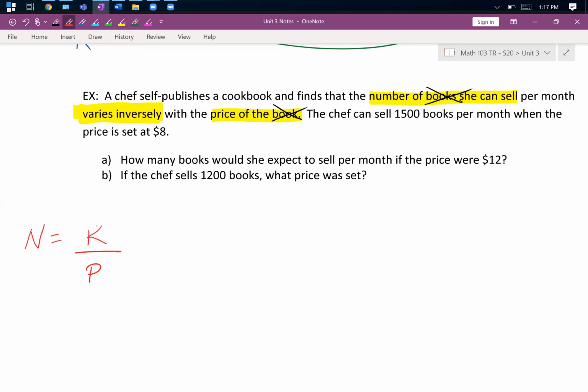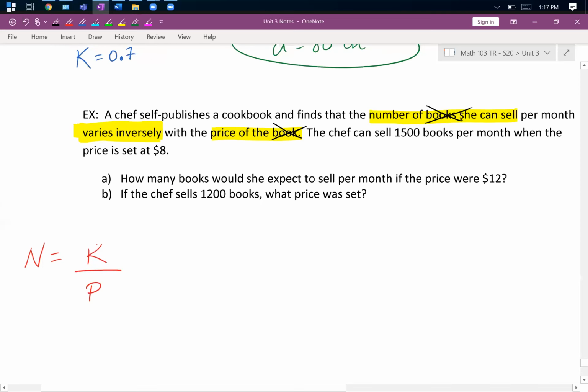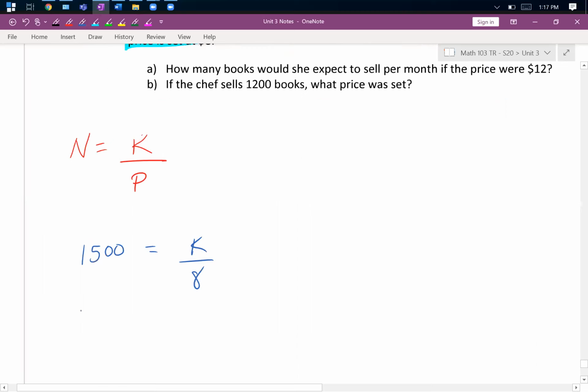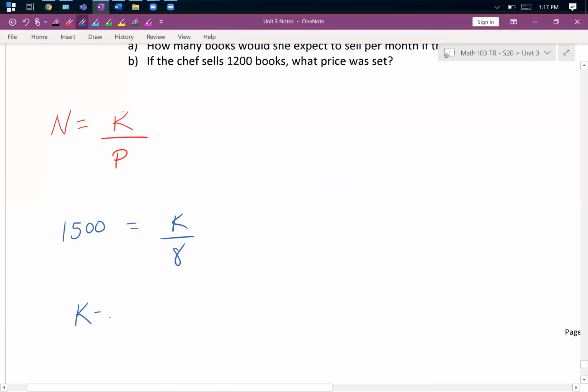All right. Now we'll use the second sentence to solve for K. It says that the chef can sell 1,500 books when the price is set at 8. So 1,500 is going in for N, 8's going in for P, and we solve for K. I think that's 12,000.